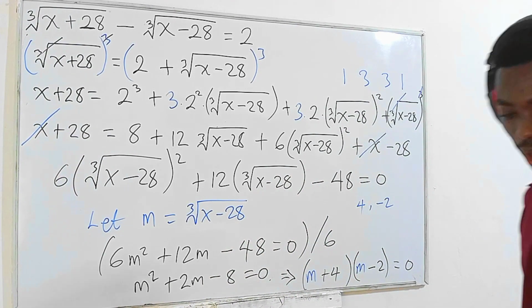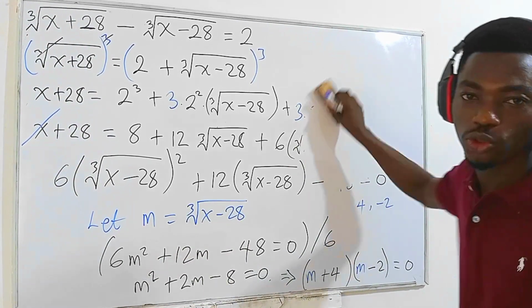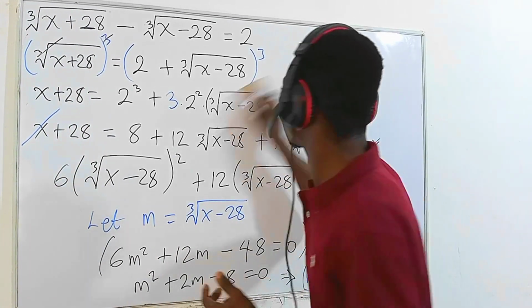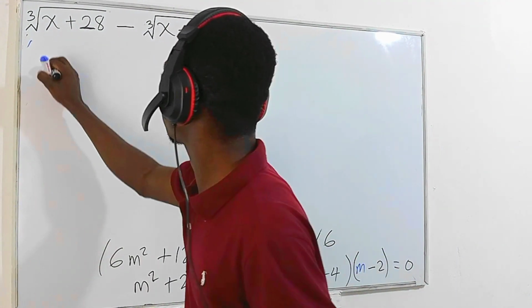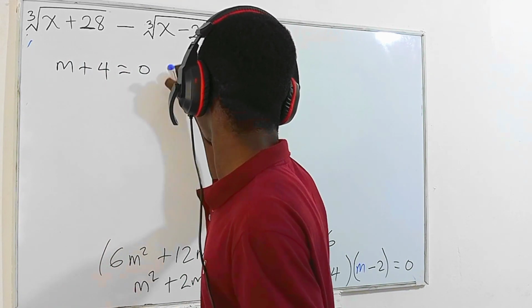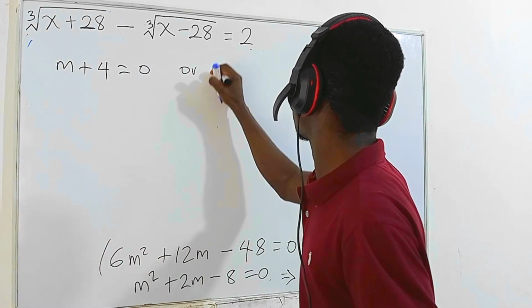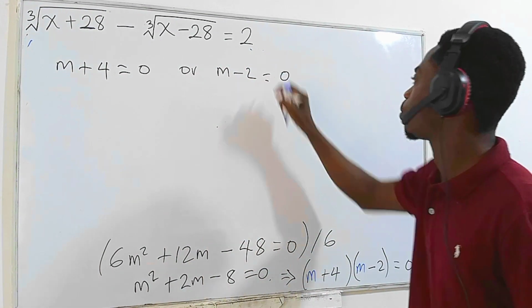And this time we have a product of two factors equal to 0. Actually, we can form two equations out of this. So the first one is m plus 4 is equal to 0, or the second one is m minus 2 is equal to 0.